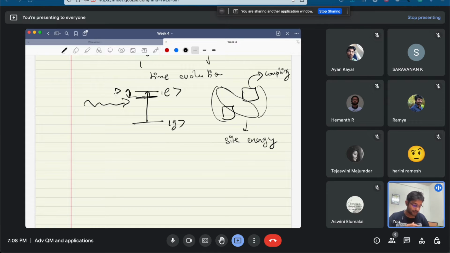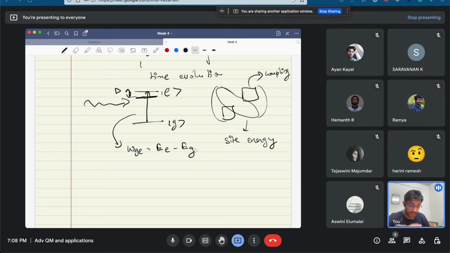A detuning means that the laser is not in resonance with the coupling frequency. So let's say the difference between the energy, so you know that the laser frequency you will need is given in this form, right? The energy difference between the two states.